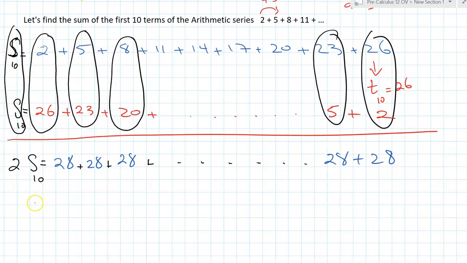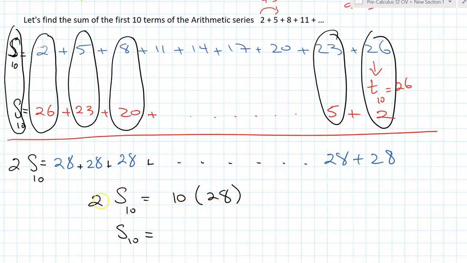In this case we're going to write the equation as 2 times the sum of the first 10 terms equals 10 times 28. There are 10 of these, 10 terms, right? We can count them. And then we're solving for the sum of the first 10 terms, so we divide both sides by 2 because we want to get rid of this 2.